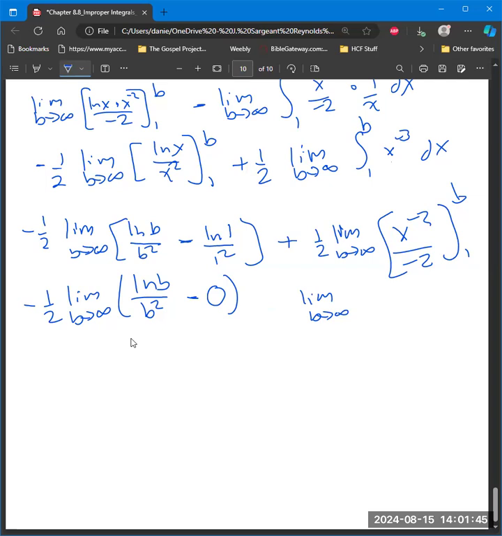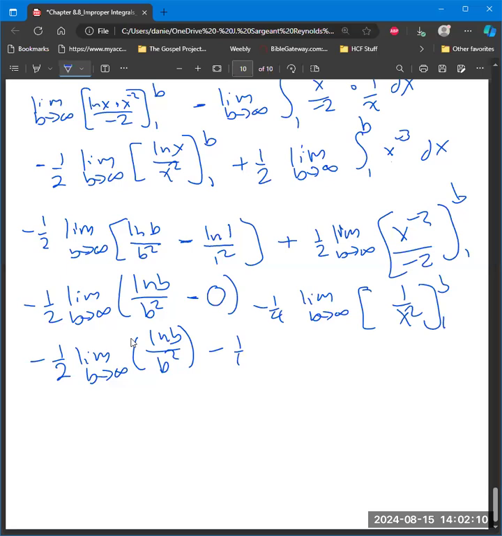This is going to become a -1/4 when I pull that -1/2 out here. And this is 1 over x squared, 1 to b. This is -1/2 limit b goes to infinity of ln b over b squared minus 1/4 limit as b goes to infinity of 1 over b squared minus 1.